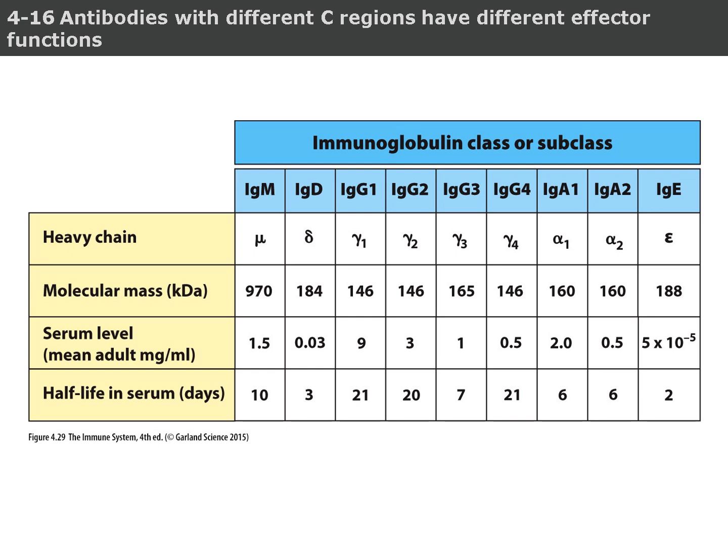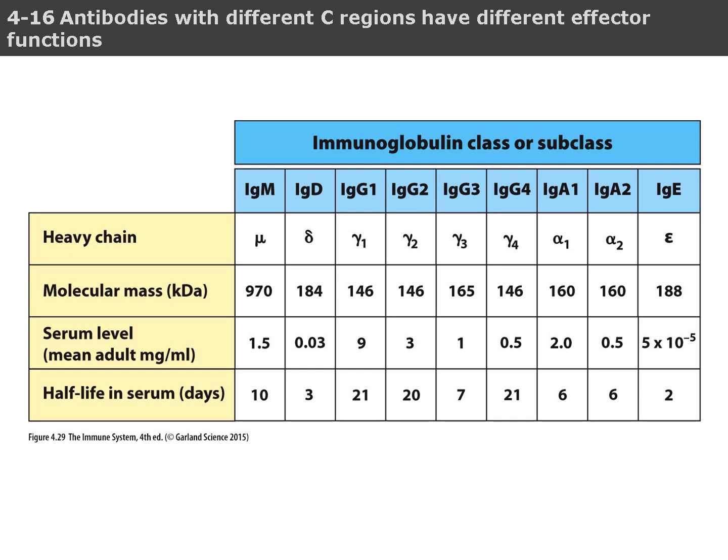Their serum concentrations also differ. Immunoglobulin G1 is the most abundant, followed by immunoglobulin A. In contrast, immunoglobulin D and immunoglobulin E appear in much smaller amounts. Finally, half-life in serum shows how long each antibody remains active in the bloodstream.